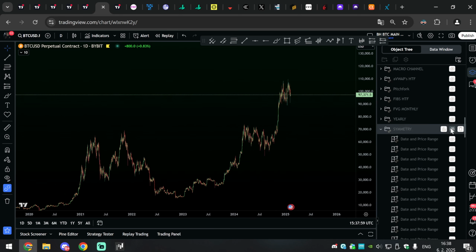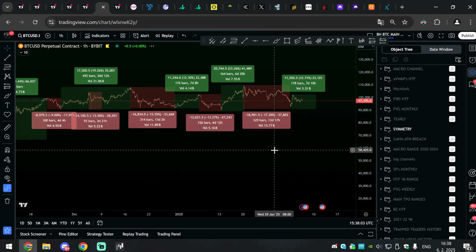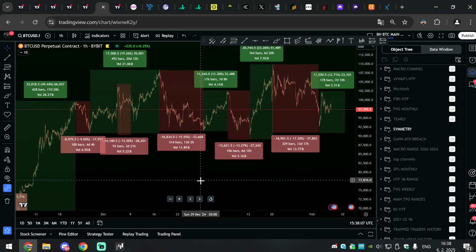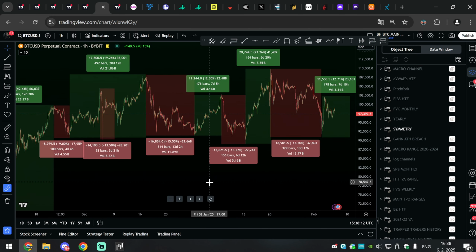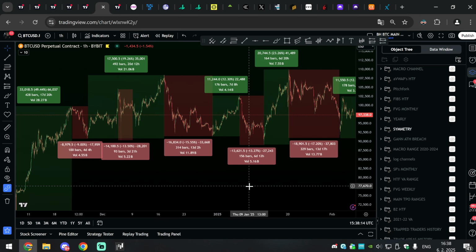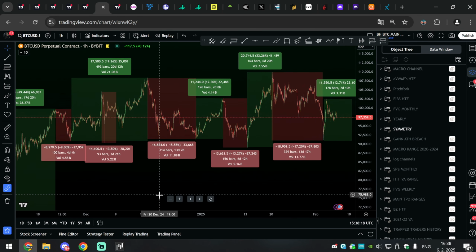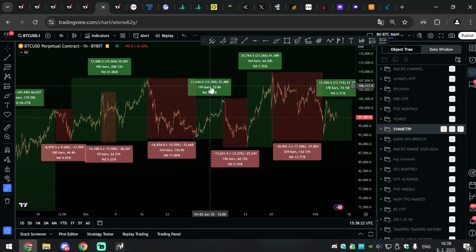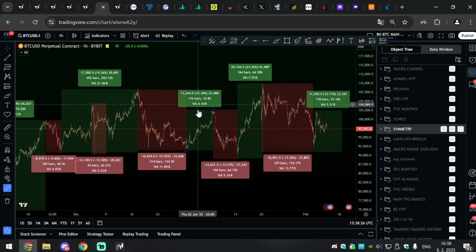How is our symmetry looking? We can zoom in because Bitcoin's moves are very, very symmetrical. Okay, so look at that. $19. Yeah, you see very similar.